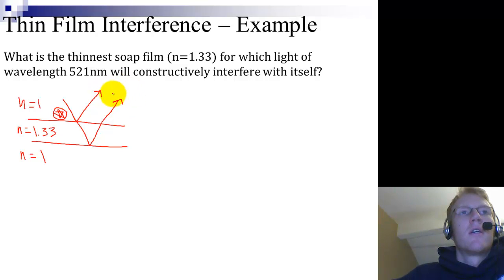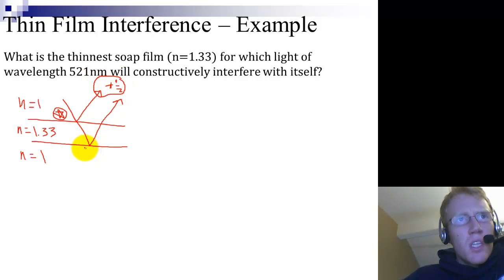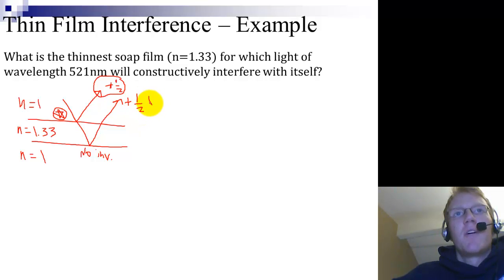So you're going to get plus 1/2 on this one. And then right here, this is going from 1.33 into 1, so there's no inversion here. So if you want these two to be in phase, this one also needs to get plus 1/2 wavelength.